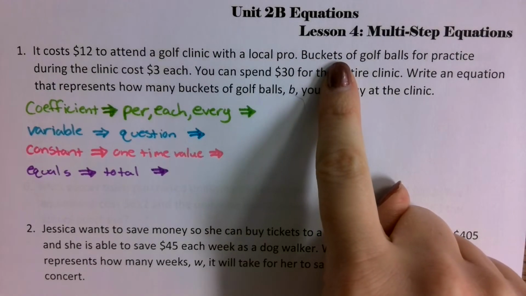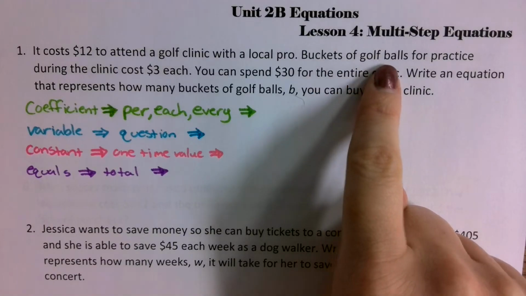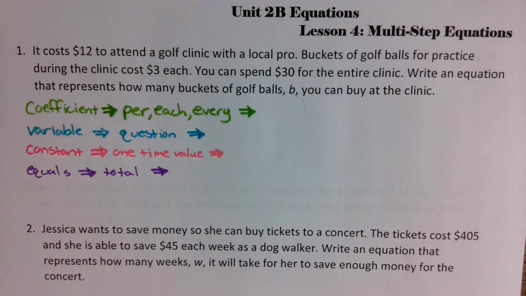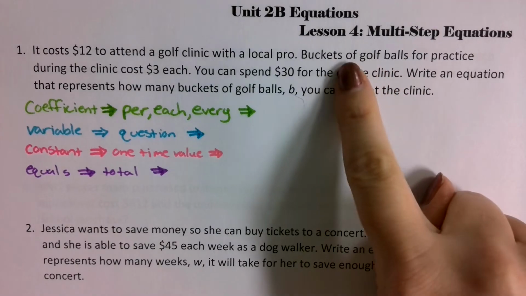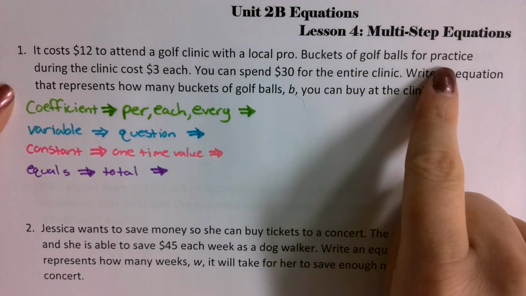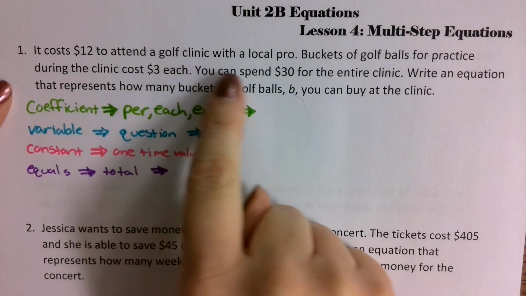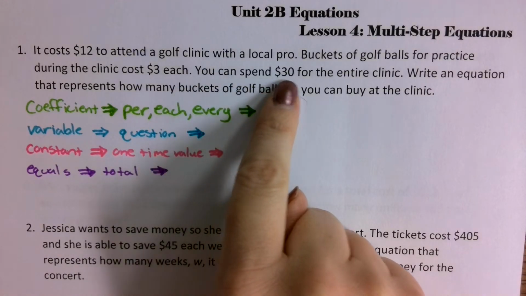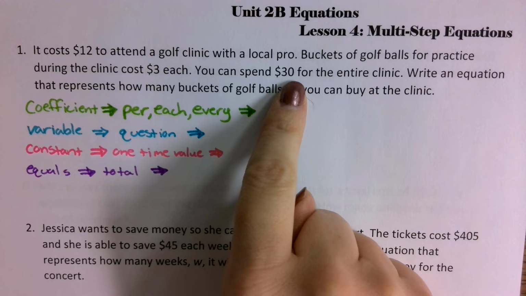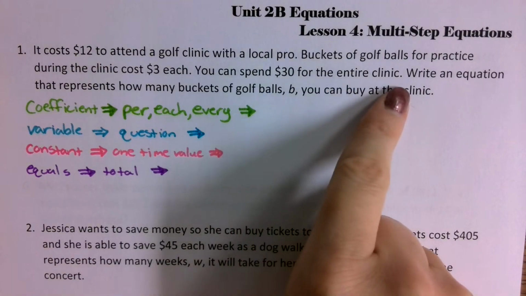Then you have to pay for buckets of golf balls. So in order for you to be able to practice hitting, you have to buy a bucket of golf balls to practice with. And the bucket is going to cost you $3 each. You are going to spend $30. That's the most that you're going to spend for the entire clinic.